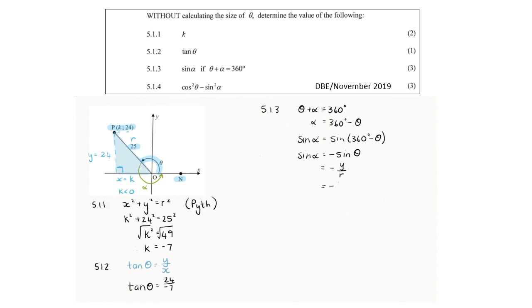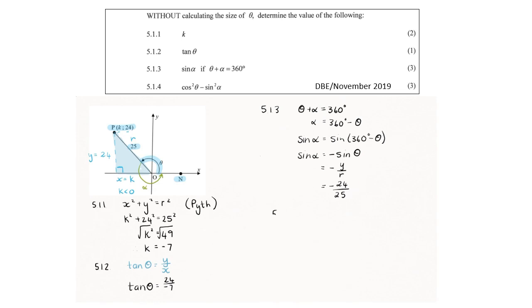That gives us negative 24 over 25. So sine of alpha is then equal to negative 24 over 25. This question counted 3 marks. You get 1 mark for sine alpha equals sine 360 degrees minus theta, 1 mark for negative sine theta, and 1 mark for the correct answer.